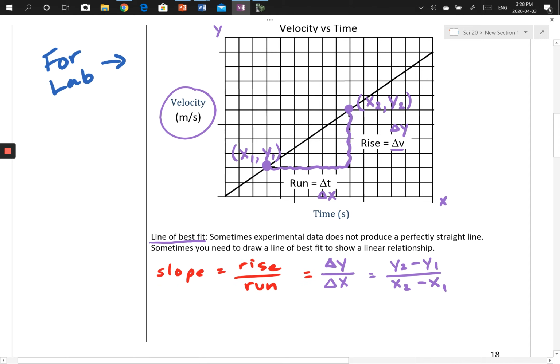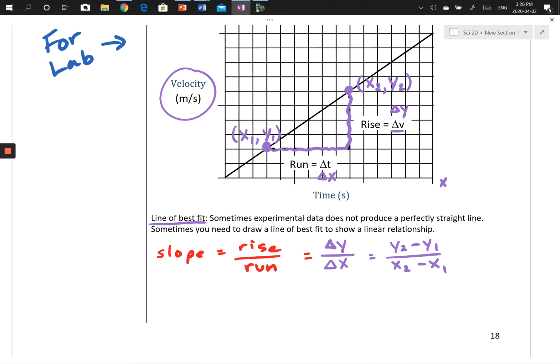What we're going to see here is that if we take delta y over delta x, or delta v, which is the same as delta y, over delta t, which is the same as delta x, we get the change in velocity over the change in time. So when I calculate my slope, what I am actually calculating is the acceleration of my object.